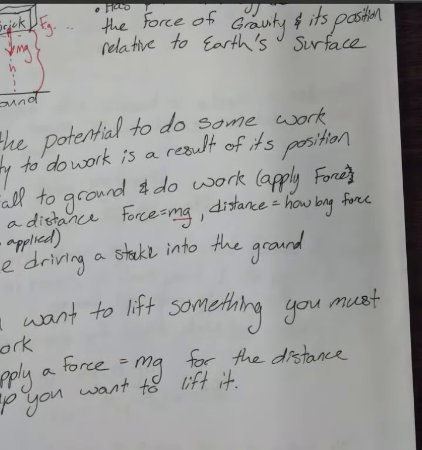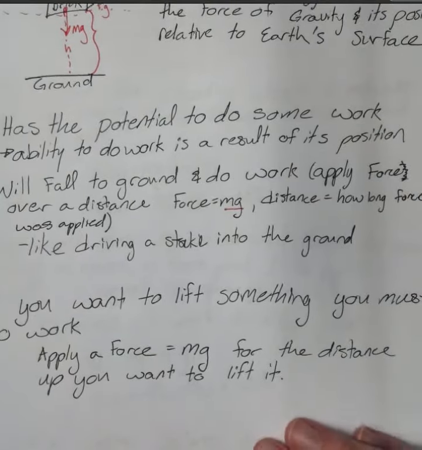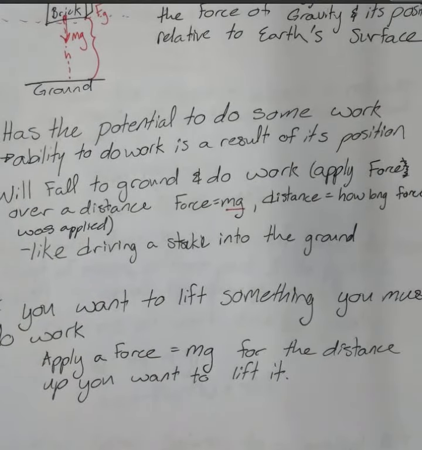So here, we know that if something is allowed to fall to the ground from some position above the ground, then the object will be able to apply its force, its weight, over a distance, just like driving a stake into the ground or dropping you off of Mount Everest.